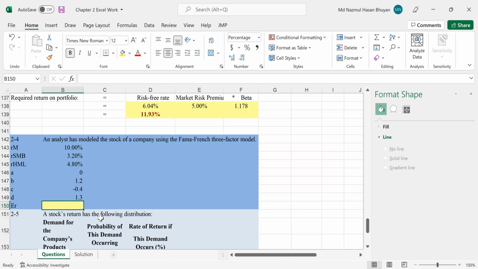So now, we are going to calculate our expected rate of return, or required rate of return, using the Fama-French three-factor model.